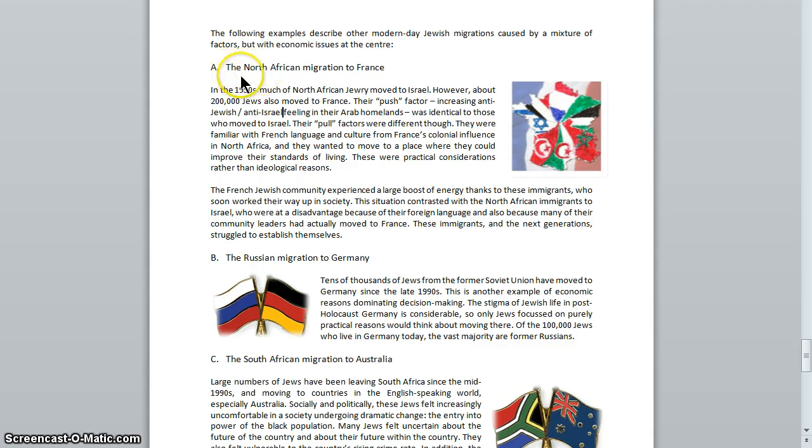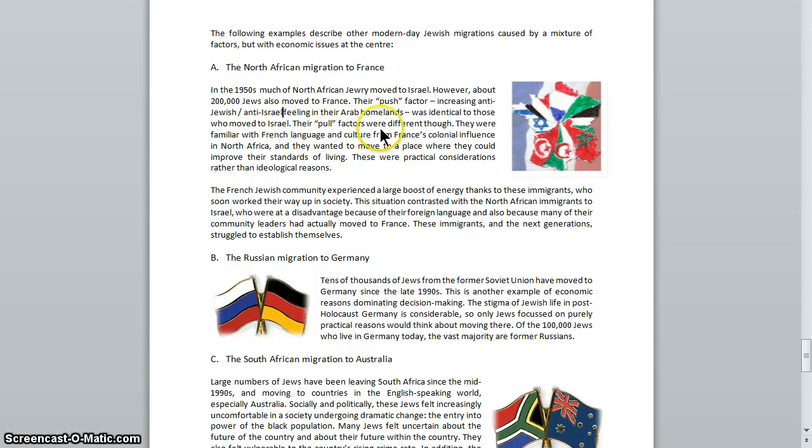A. The North African migration to France. In the 1950s, much of North African Jewry moved to Israel. However, about 200,000 Jews also moved to France. Their push factor, increasing anti-Jewish, anti-Israel feeling in their Arab homelands, was identical to those who moved to Israel.